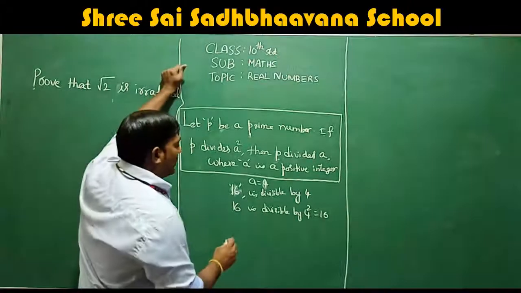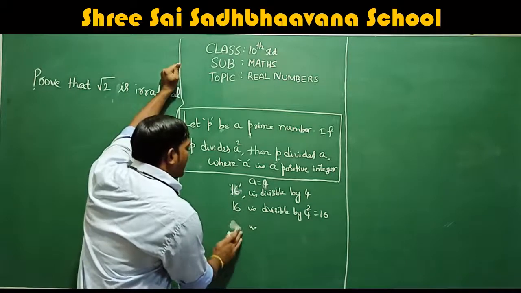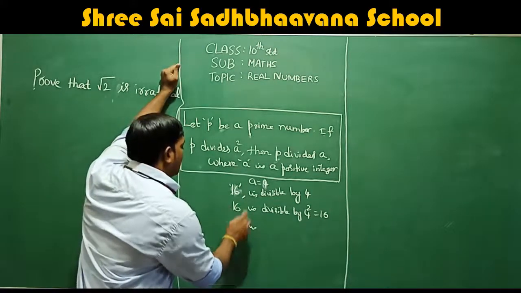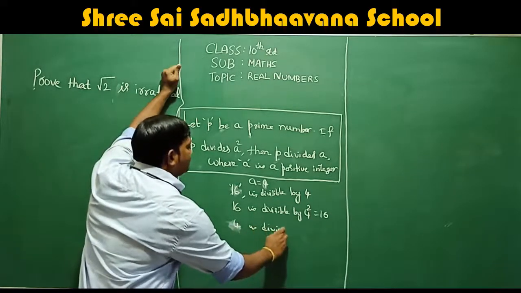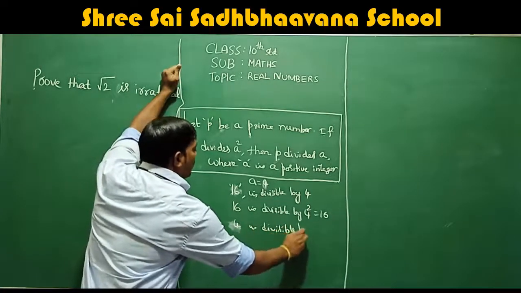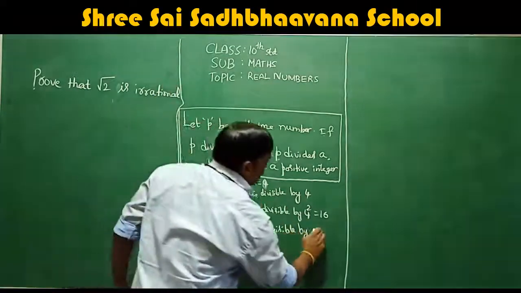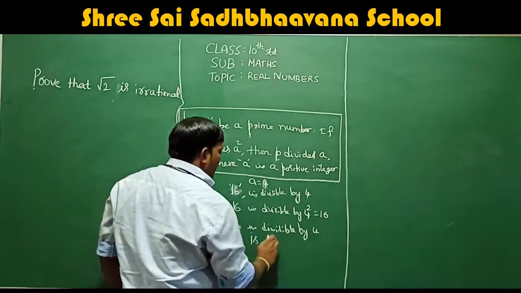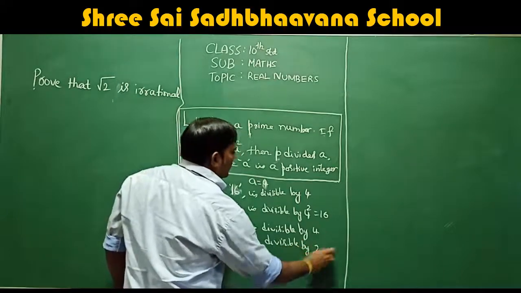Let me take one more example. Take 4. 4 is divisible by 4, correct? And if 4 is divisible by 4, 4 is also divisible by 2.